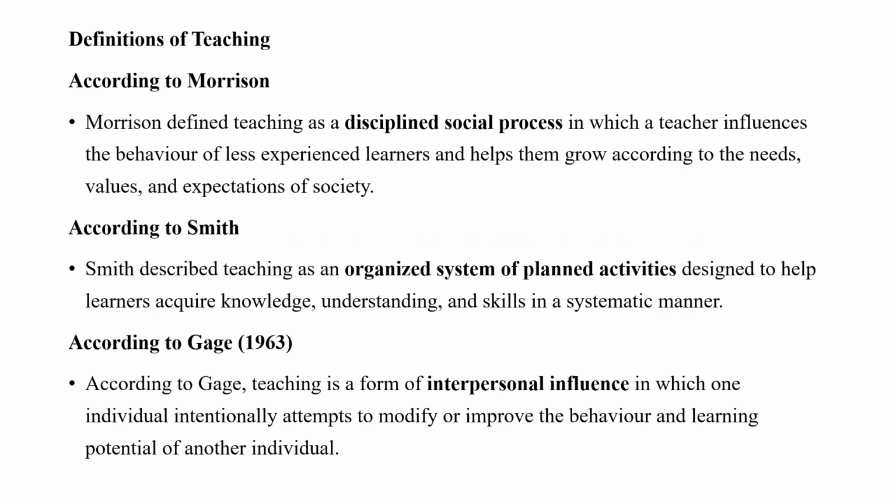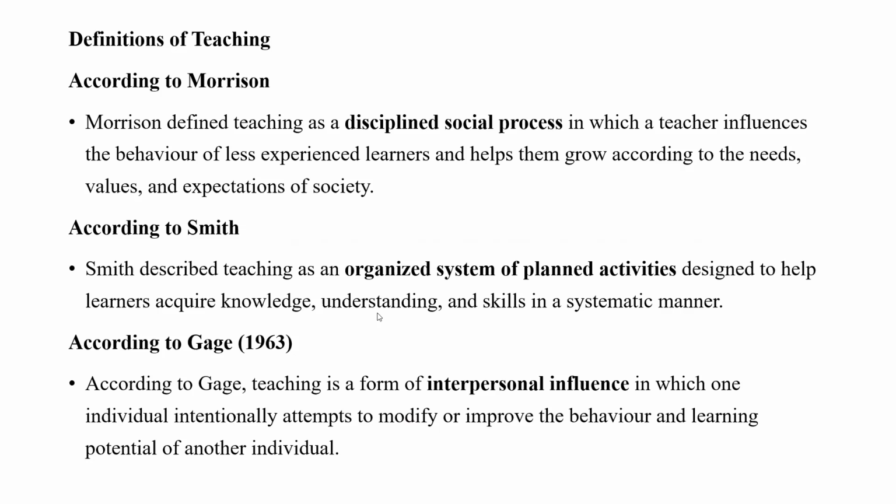According to Smith, teaching is an organized system of planned activities designed to help learners acquire knowledge, understanding, and skills in a systematic manner. According to Gage, teaching is a form of interpersonal influence in which one individual intentionally attempts to modify or improve the behavior or learning potential of another individual.